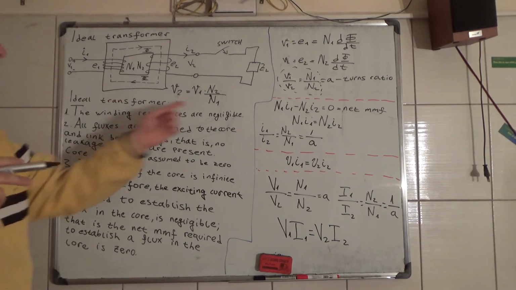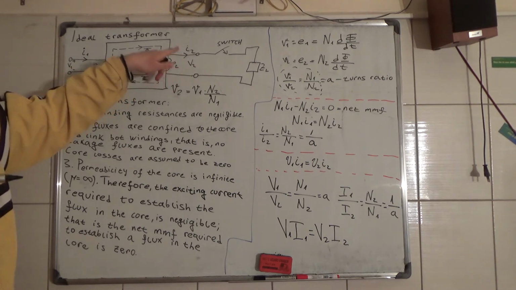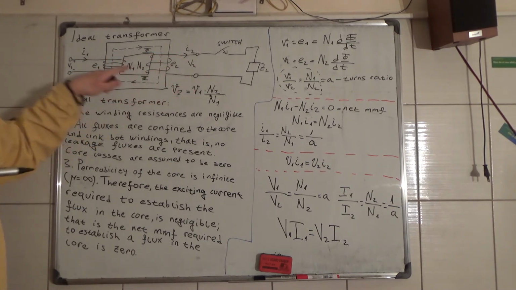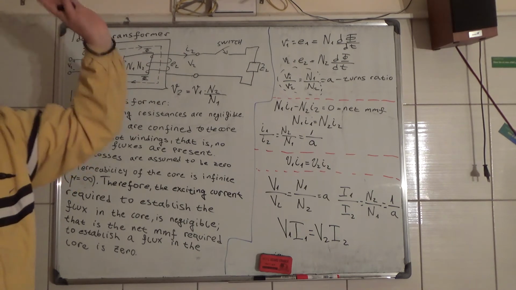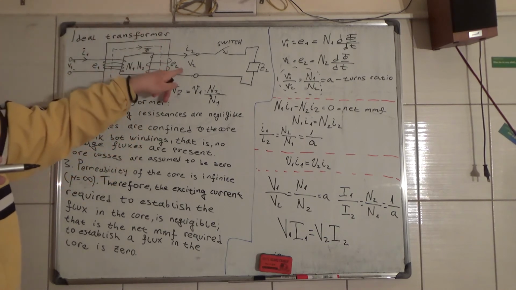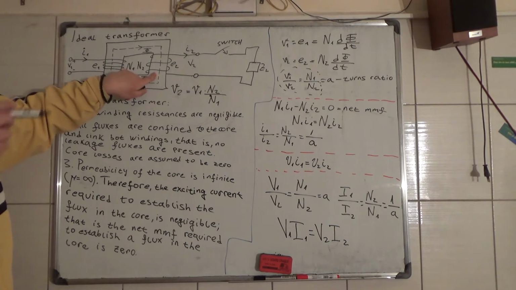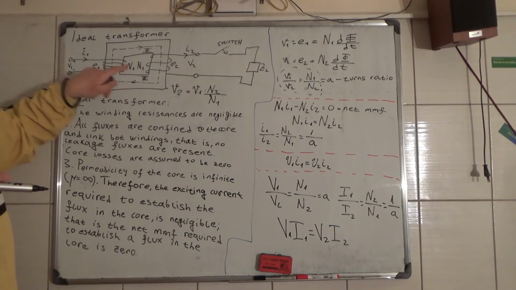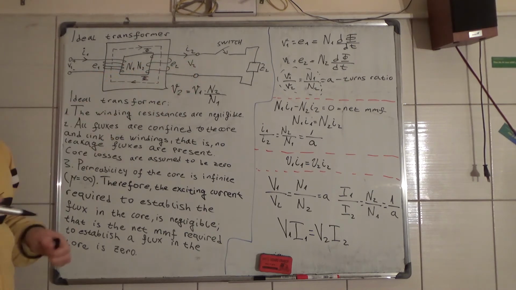If you have more turns on the secondary than on the primary, you will have a higher voltage. If you have a smaller number of turns on the secondary than on the primary, you will have a smaller voltage on the terminals.